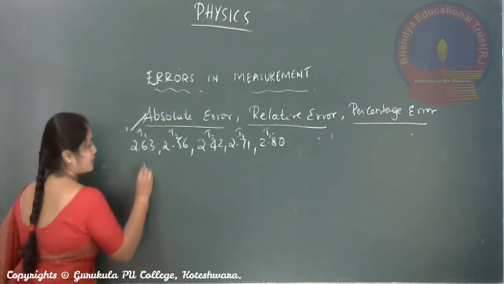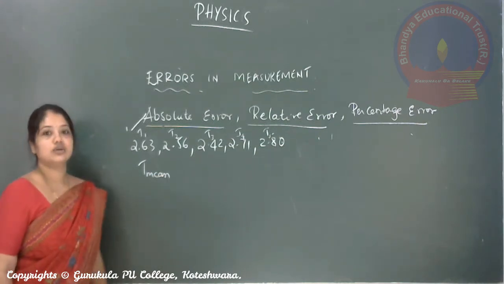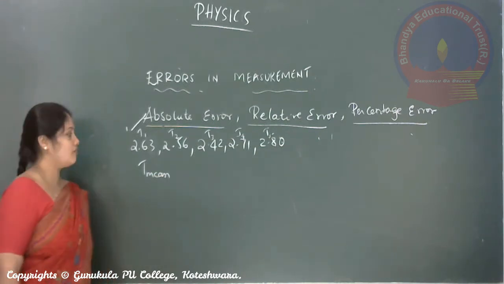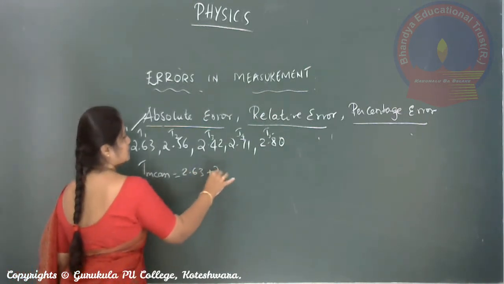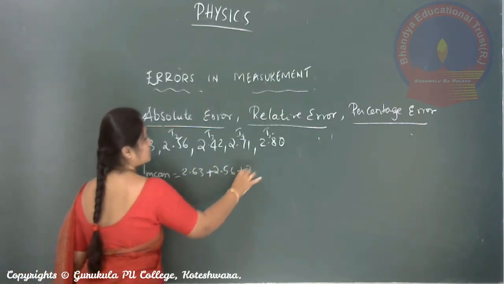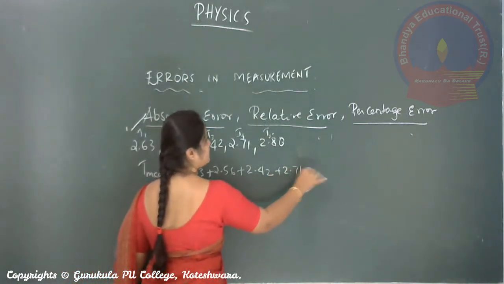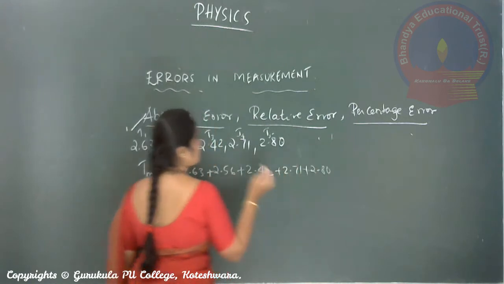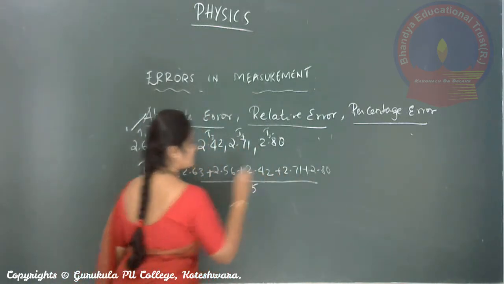Then next I am going to find out my T of mean, which is equal to 2.63 plus 2.56 plus 2.42 plus 2.71 plus 2.80. How many numbers is it? It has 5 numbers.